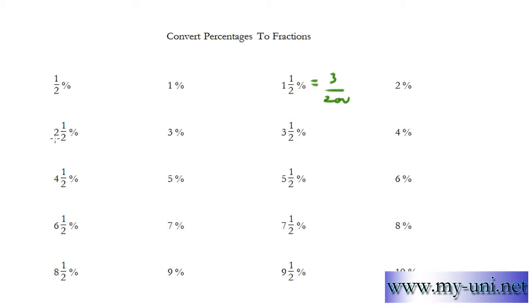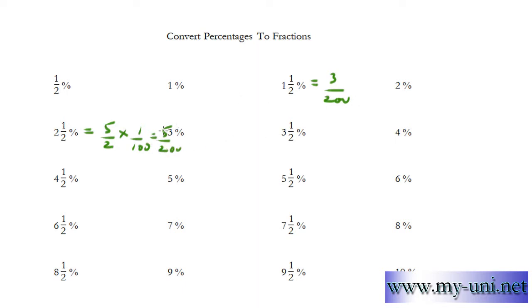2.5%, 2 times 2 is 4, 4 plus 1 is 5, and the denominator will remain the same, and then you can multiply this by 1 over 100. 5 times 1 is 5, 2 times 100 is 200.